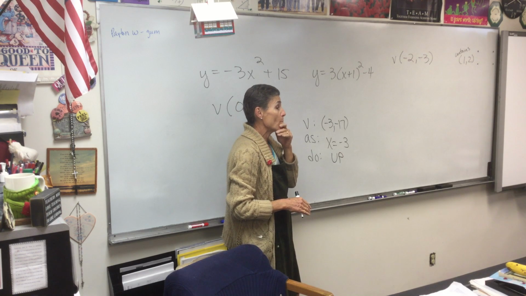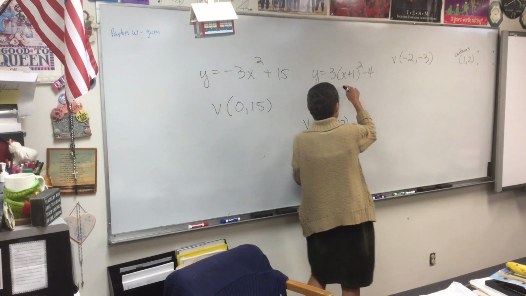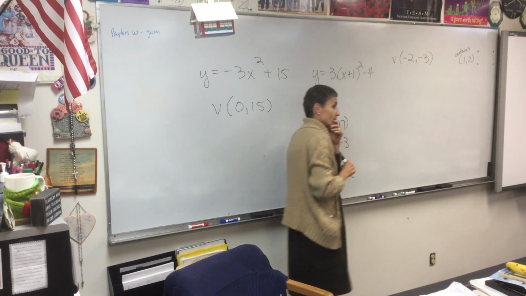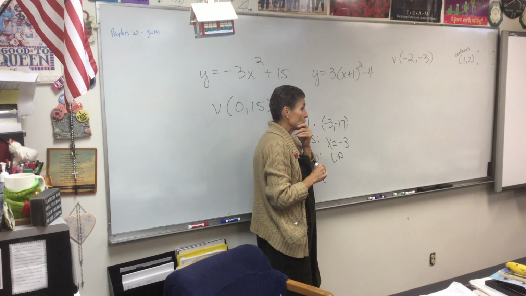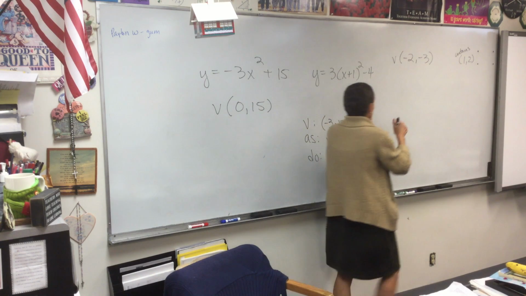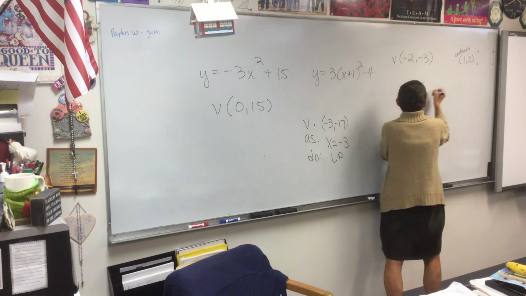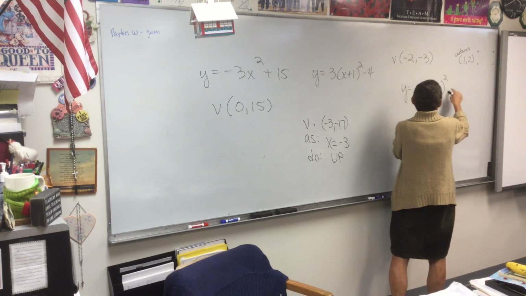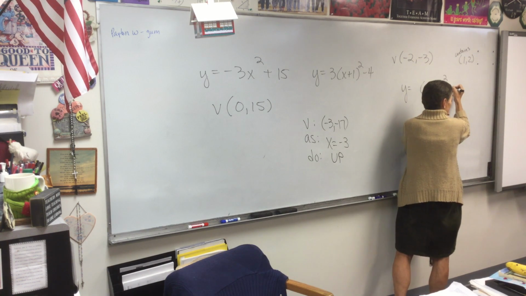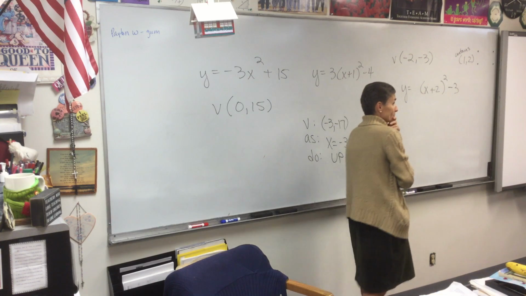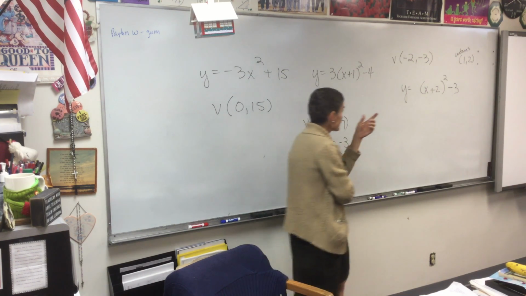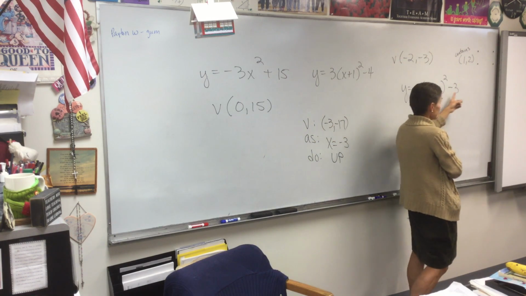Now, could you go backwards and come up with that if you know the vertex? At least you could do part of it, couldn't you? Couldn't you tell me that the parentheses has what? X plus 2, and hanging on the end is a -3? Think backwards. Doesn't this mean your vertex is -2, -3?